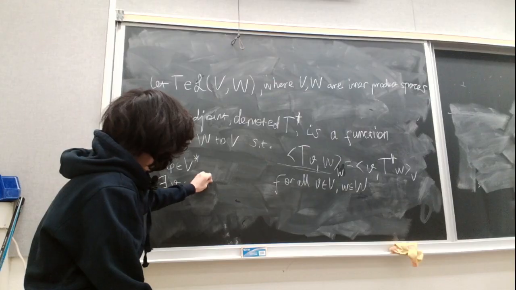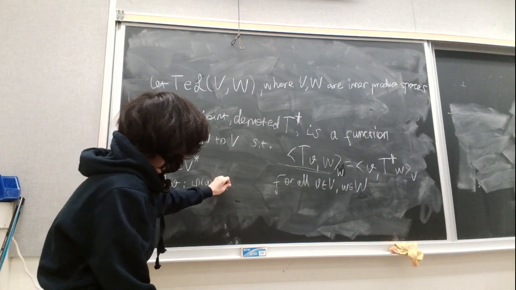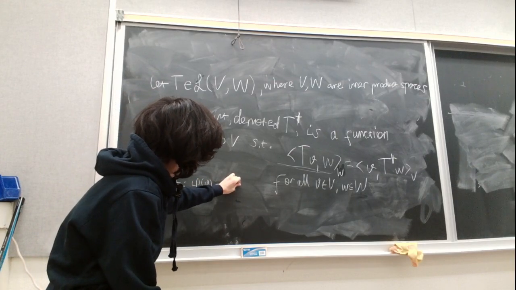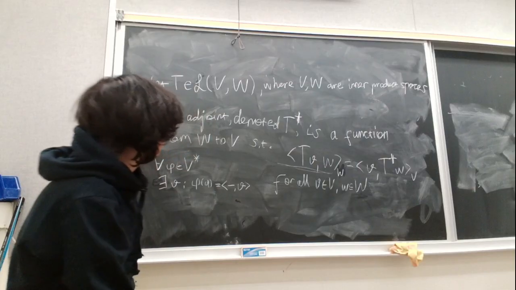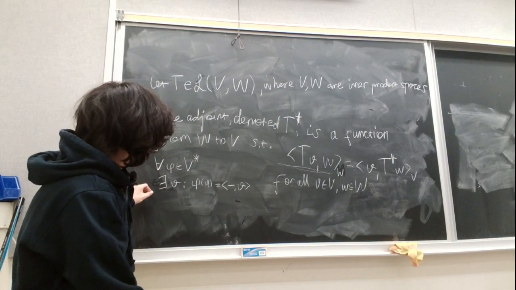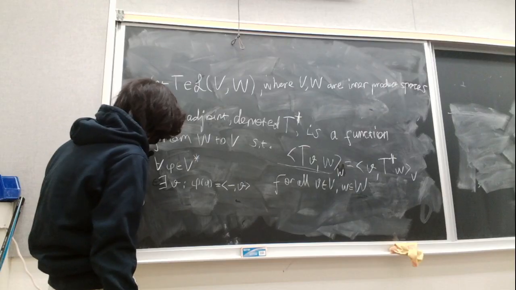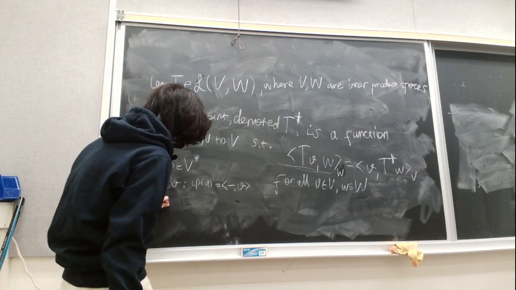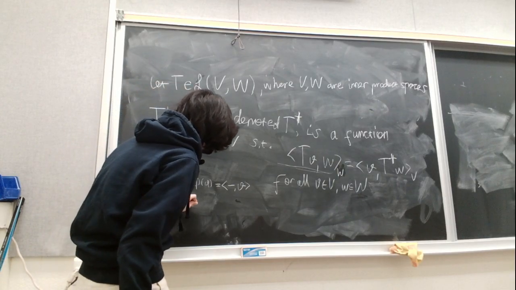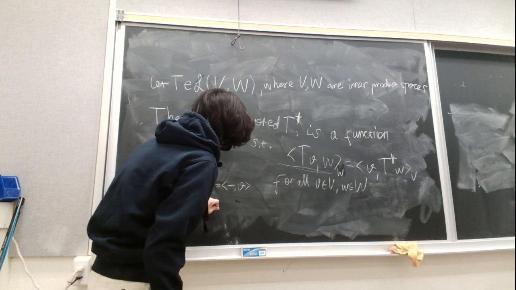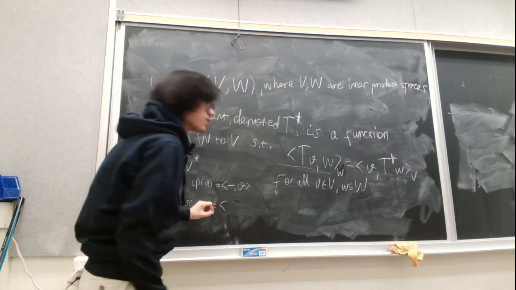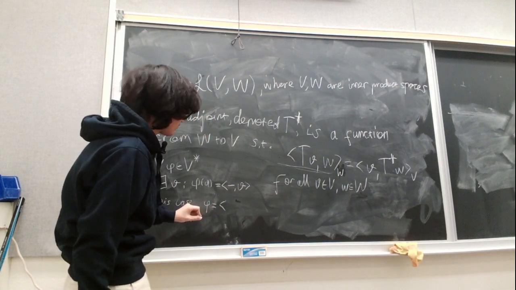Do you agree? So now I write down the linear functional again for this case. Write the linear functional as phi of v, so that it's clear what the input is.